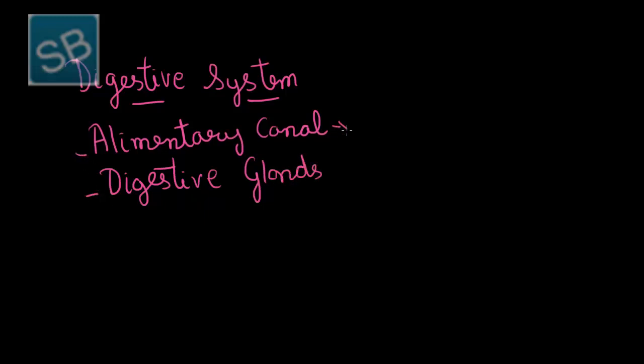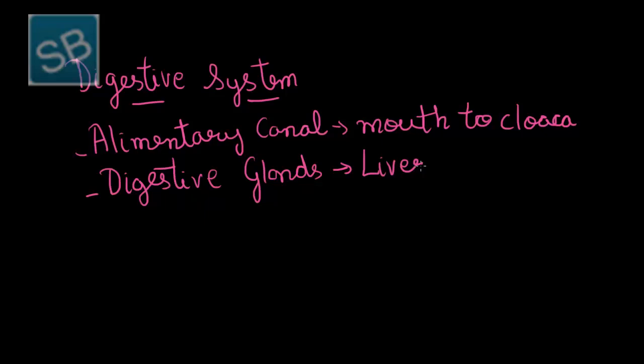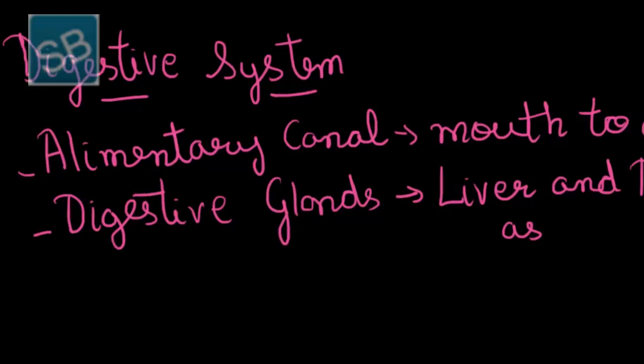The alimentary canal in frog arises from the mouth and ends at the cloaca. The digestive glands are the liver and pancreas. These glands are not directly involved in the process of digestion but secrete enzymes and hormones which help in the process of digestion. So let us first of all understand the alimentary canal.